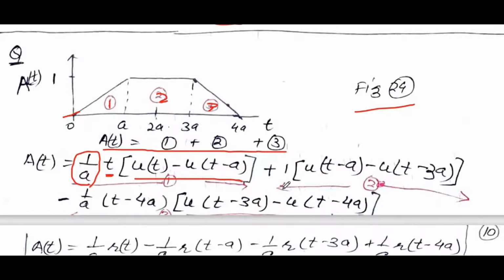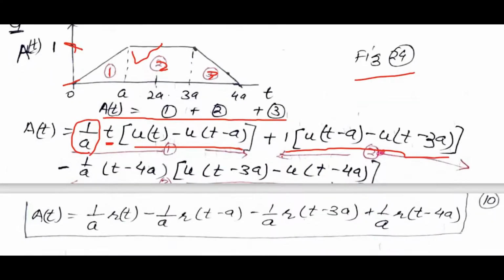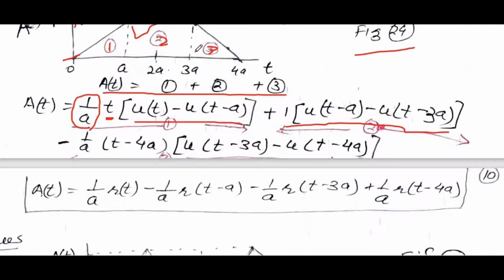Second part is a gate function, magnitude 1. This gate function, so it will be 1 times u of t minus a minus u of t minus 3a. Then the third part, again minus, because its slope is downward, so minus 1 upon a will be the slope, t minus 4a because it is intersecting the x-axis at 4a, u of t minus 3a minus u of t minus 4a.